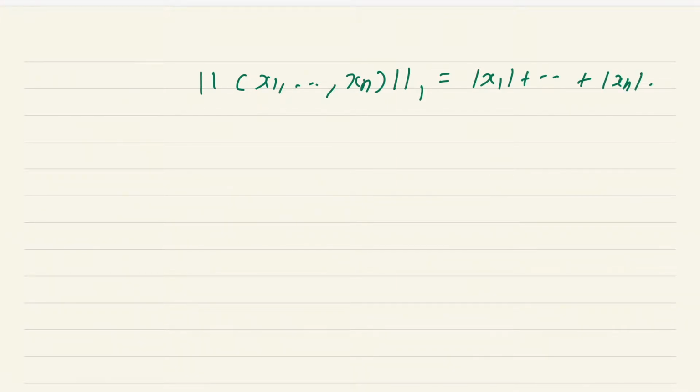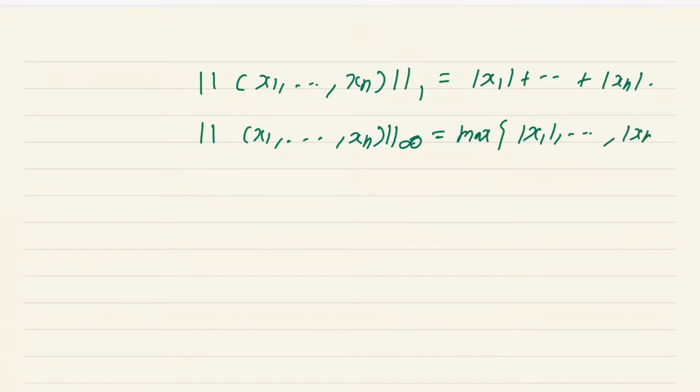The other one is called the L infinity norm on the Euclidean space, which is denoted like this with an infinity. This is nothing but the maximum of the various components. Needless to say, check that these are norms.